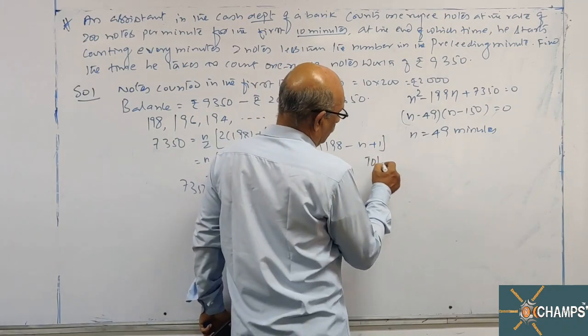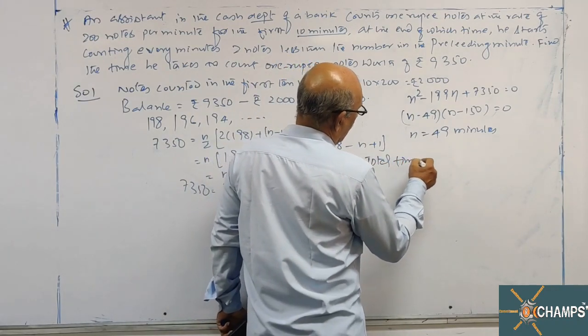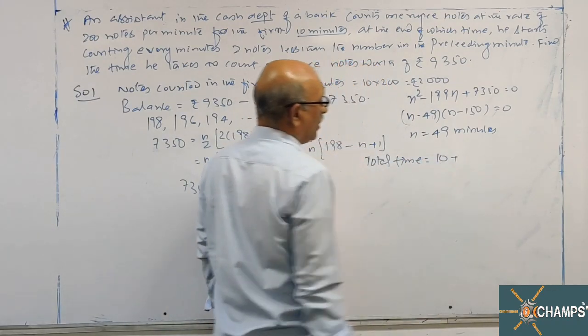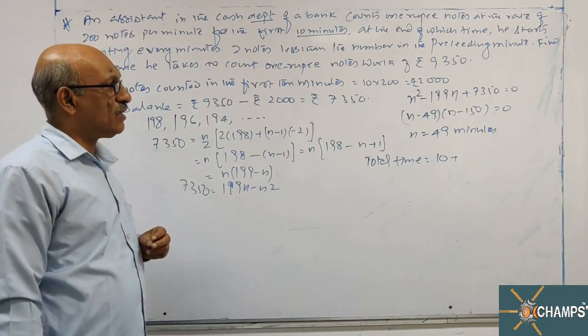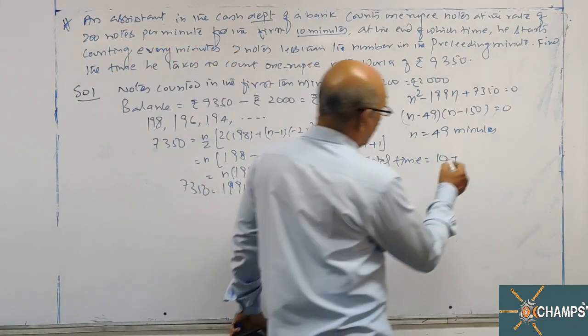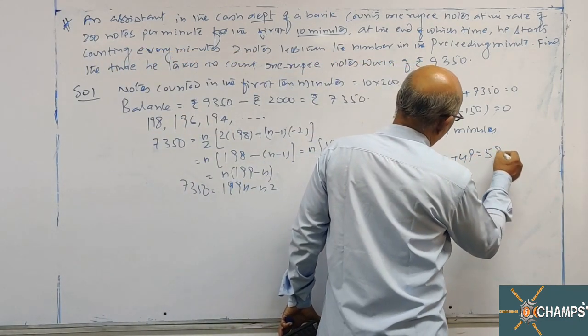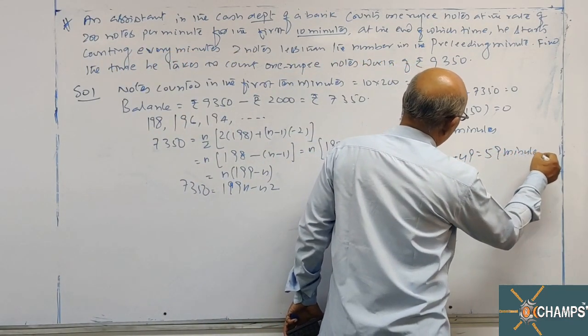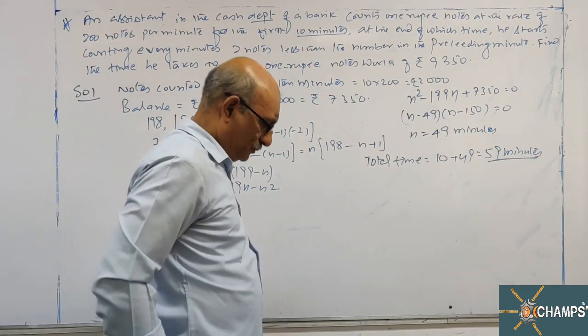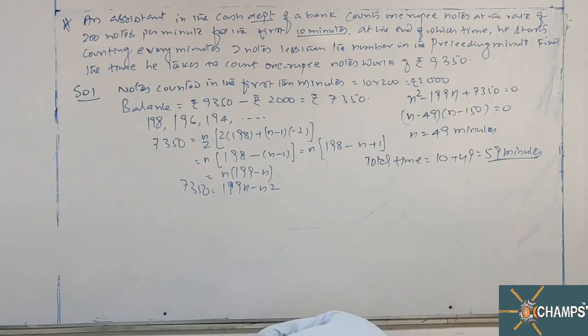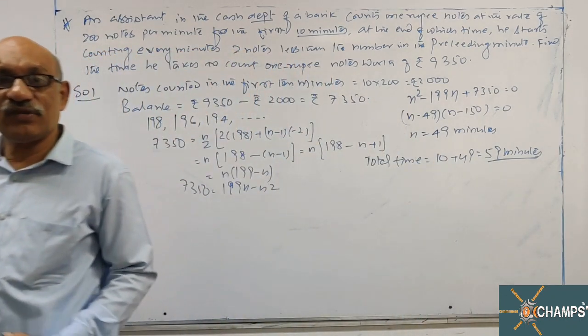Total time is equal to 10 minutes already he took for counting 2000's worth of notes, plus 49, is equal to 59 minutes. This is the answer to this question.